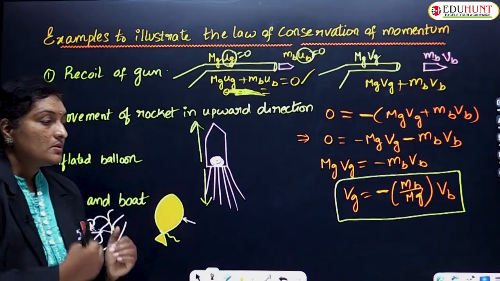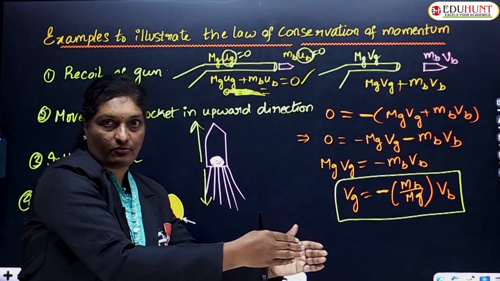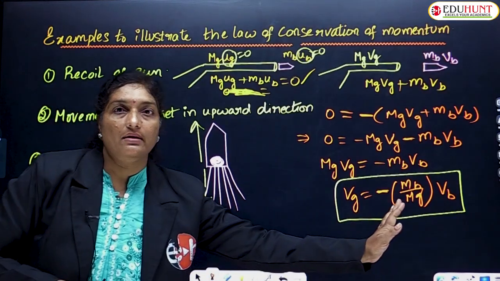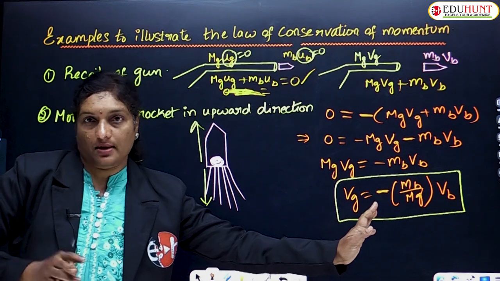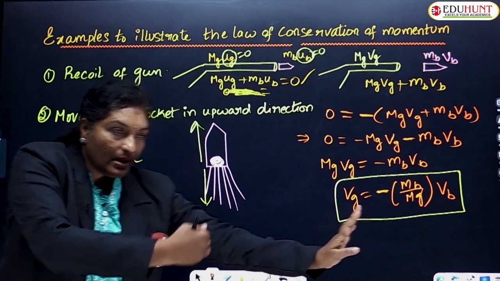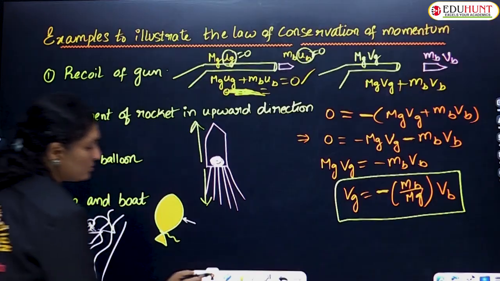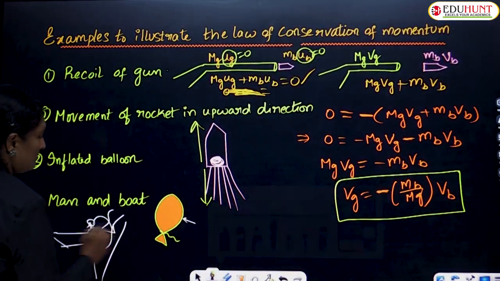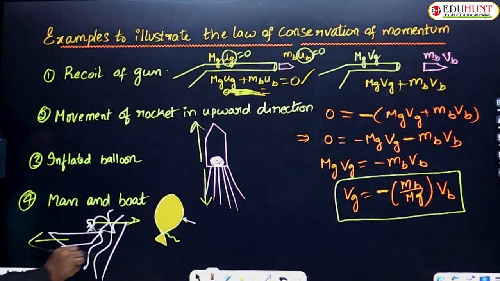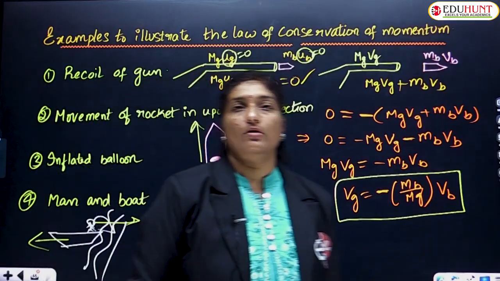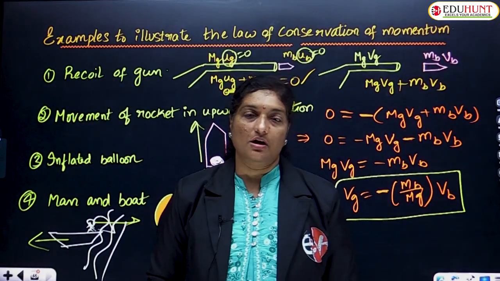Initially both are in rest condition. As the man moves forward, in order to conserve momentum, the boat will give a backward jerk. As the man moves forward, the boat will move a little backward. So this is all according to the law of conservation of momentum.